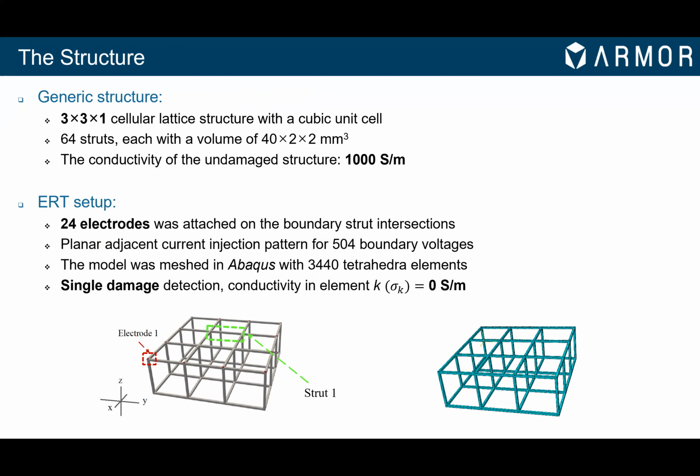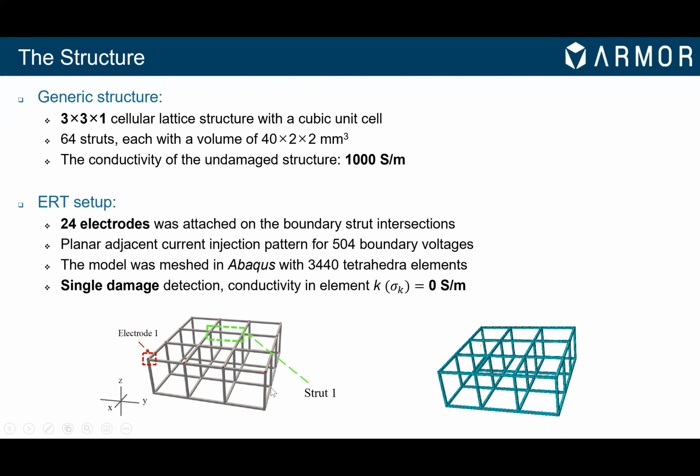So we assume that the conductivity of the undamaged structure has a value of 1,000 Siemens per meter. Then we can instrument boundary electrodes. In this case, 24 of these electrodes were attached to where the struts intersected along both planes, on top and on bottom.